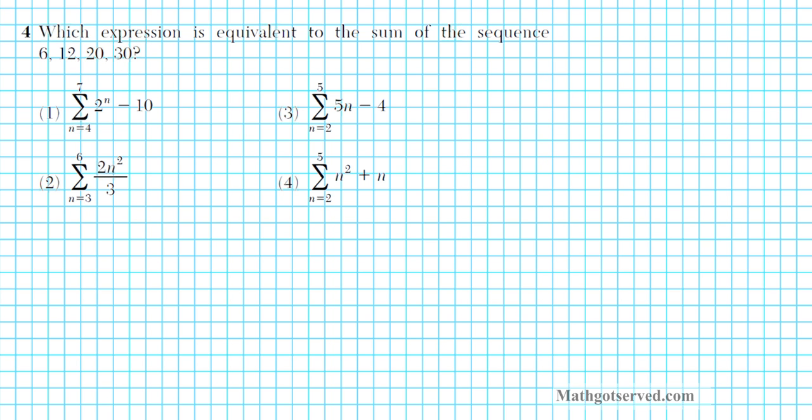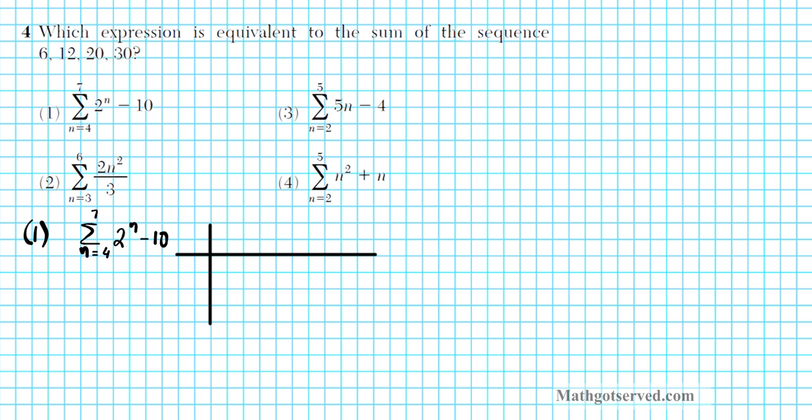Alright, so let's go ahead and start with option number 1. Let's set up our table. Well, let's write down the problem first. That's the discrete sum from n equals 4 to 7 of 2 to the n minus 10. So we'll set up a table of values and start to generate our outputs.